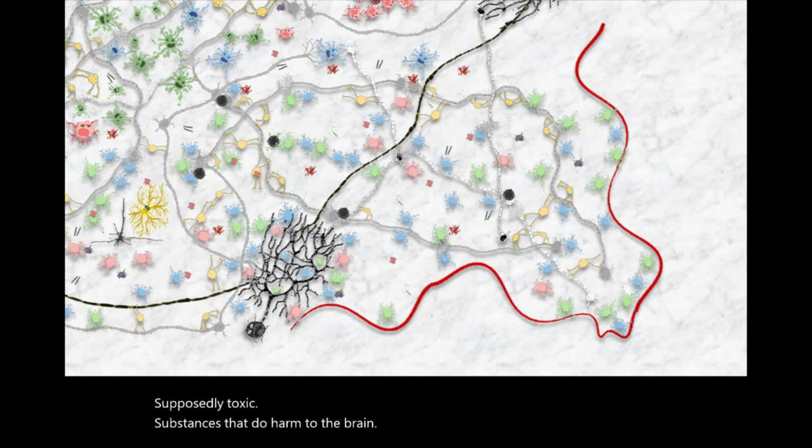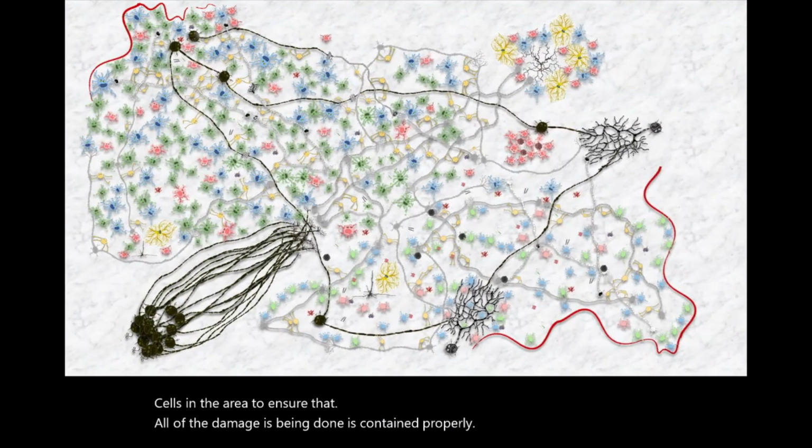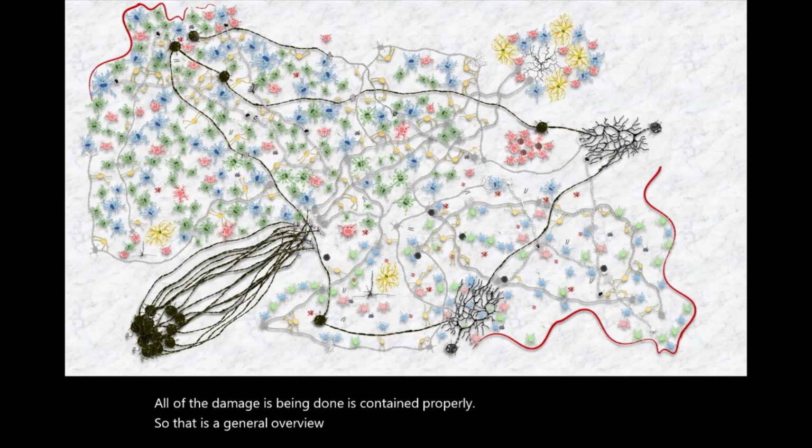You also see that there's more scarring taking place, and there are fewer cells in the area to ensure that all of the damage that's being done is contained properly. So that is a general overview of the brain in health and disease.